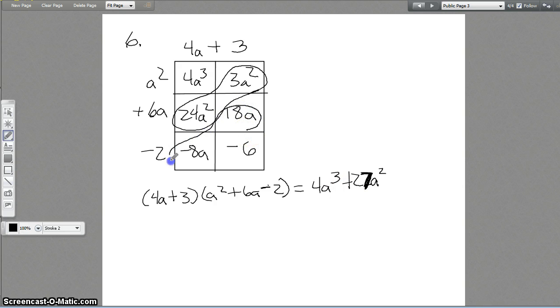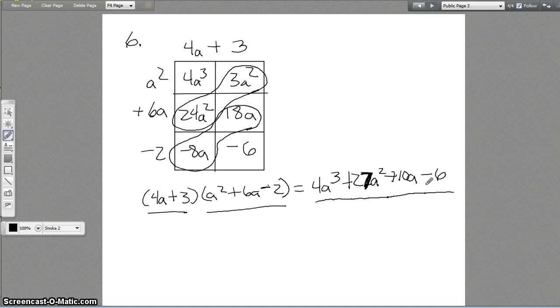We have 18 a's, and then we take away 8 of those a's. So we have only 10 a's, and then we have a negative 6 left. So the problem is 4a plus 3 times a squared plus 6a minus 2, and our answer is 4a cubed plus 27a squared plus 10a minus 6.